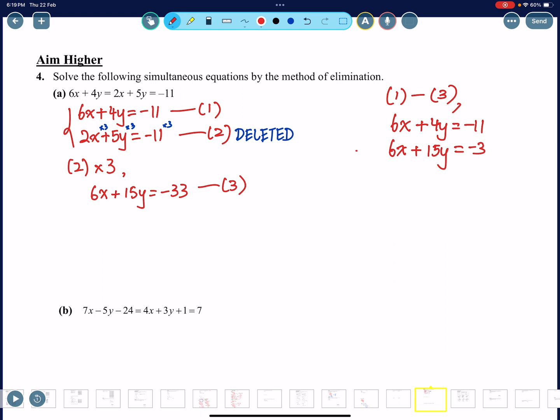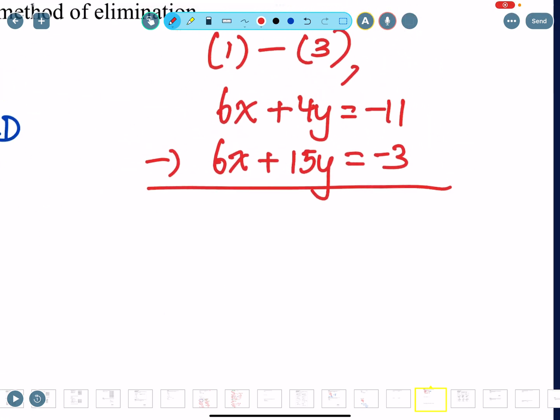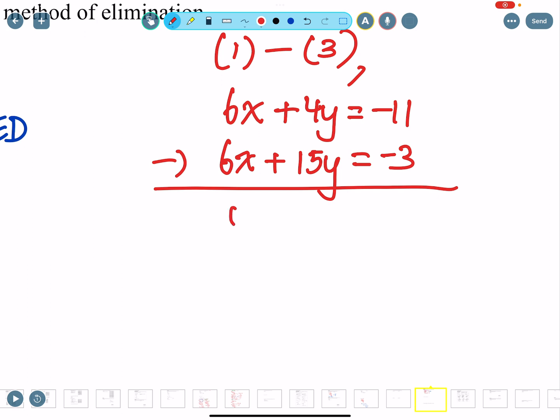So we're subtracting, right? Because we want to do 6x minus 6x. We have to go for the subtraction way. 6x minus 6x, 0. 4 minus 15 is negative 9y. Equals negative 11 minus negative 3. Be careful here. Negative 11 minus bracket negative 3. Use your calculator.